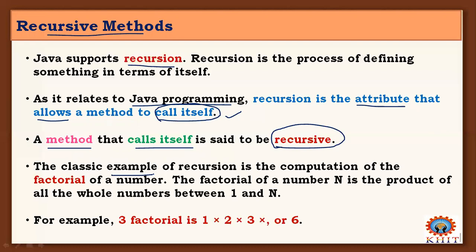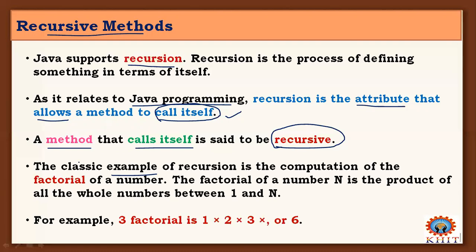An example of recursion: we know there are many problems related to this recursive approach, and we design methods based on the recursion process for solving problems in real time, which gives an efficient approach.